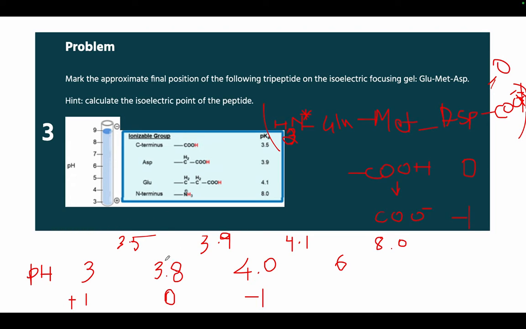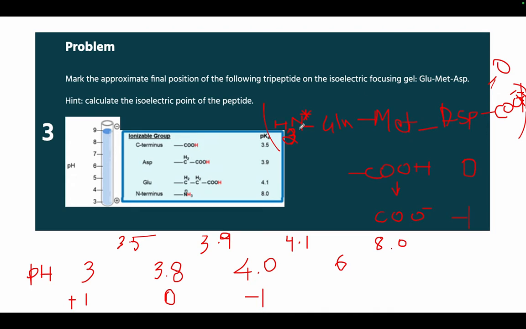But if we go to a pH which is intermediate here, let us say pH 3.8, we are going to start losing this hydrogen on the C terminus, and that means this is going to acquire a negative charge here.